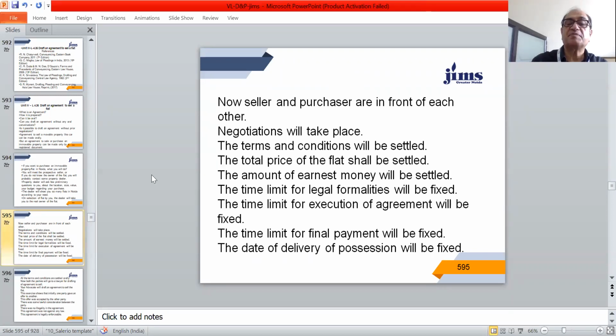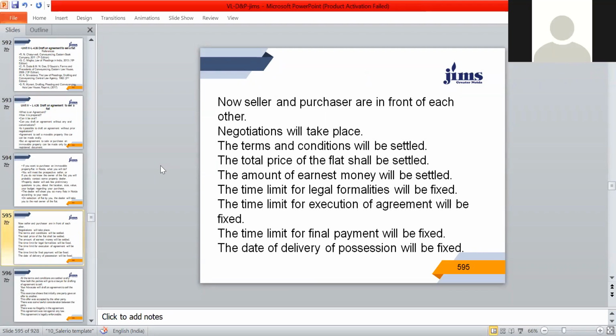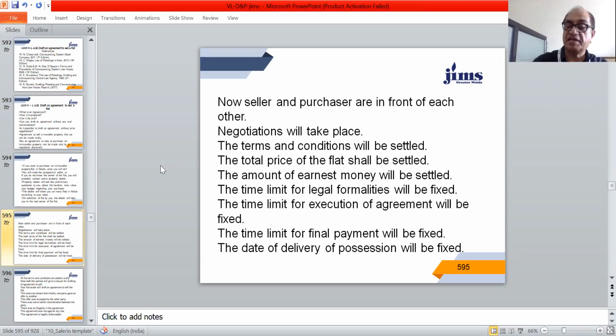The amount of earnest money will be settled, and the time limit for legal formalities will be fixed. And the time limit for final payment will also be fixed between the parties, and the date of actual delivery of possession of the flat shall also be fixed while sitting across the table.